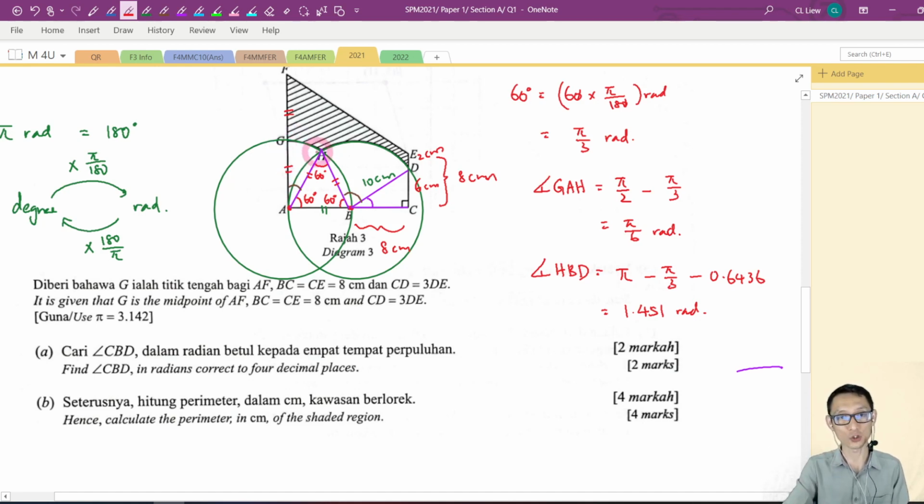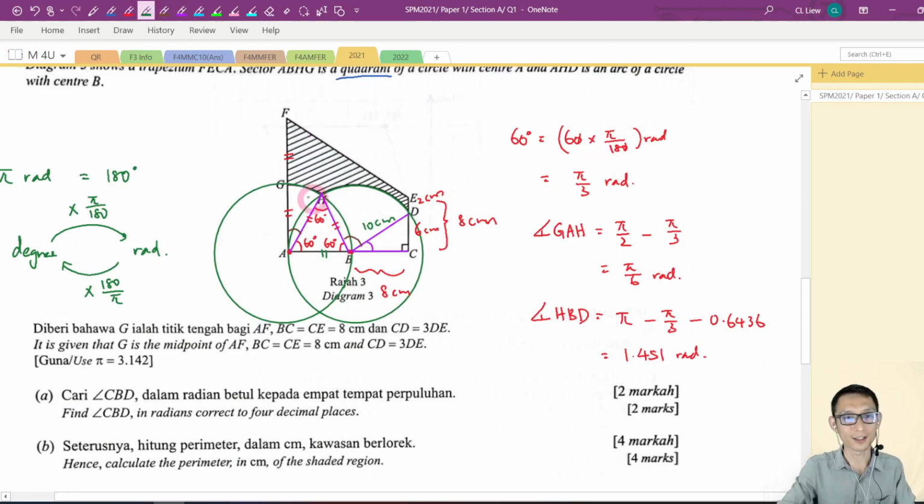Now, we have gotten the angle here and here, so we can use the formula r theta to help us get the arc lengths GH and HD. Now, let me find the arc length GH first. So, arc GH, which is over here. I will be using the formula r theta. So, the r is 10. The theta is pi over 6.